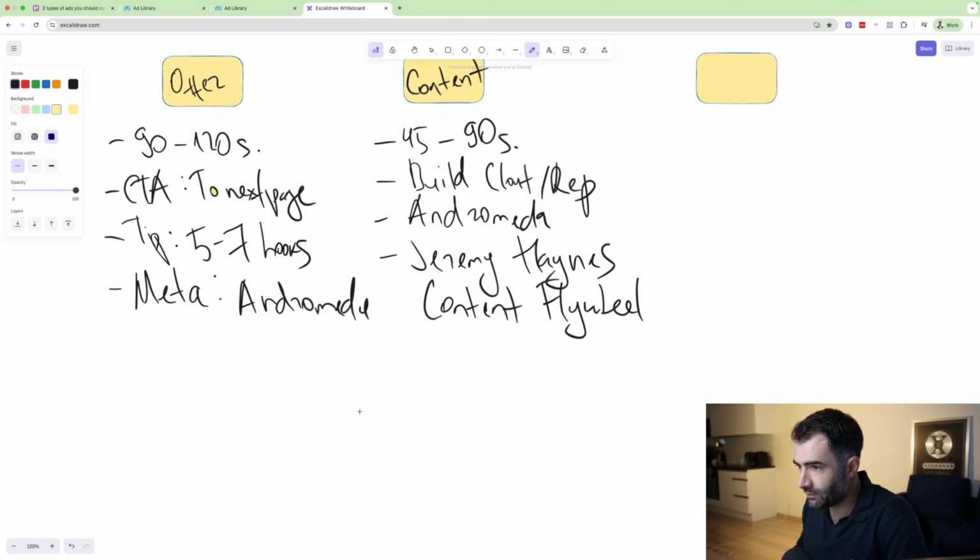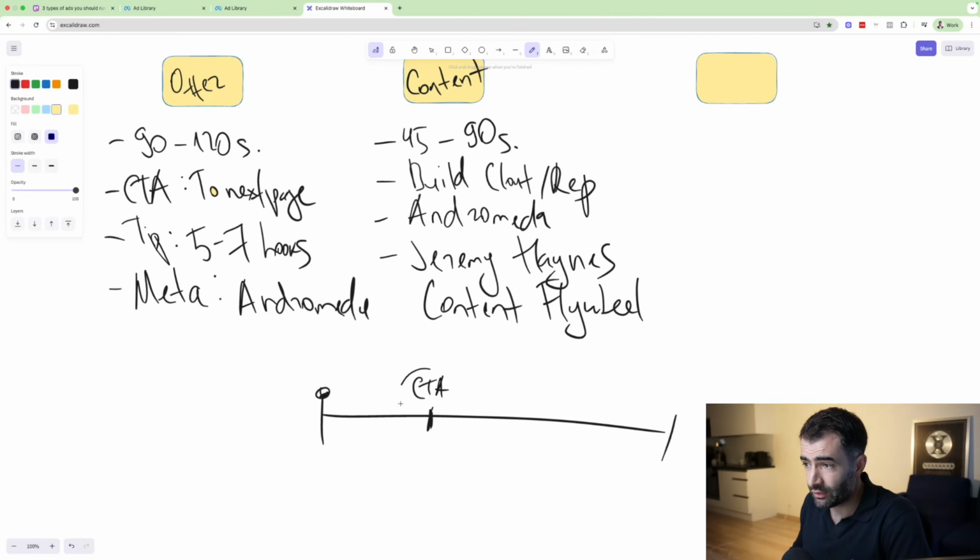So for example, let's create a quick timeline. If this is our timeline, and let's say you see an ad at this point, and here at this point you decide to grab the bait and you book a call. But let's say this happens in a 2-day period, and you book the call for another, let's say, 3 days later because you're busy. Let's say this is Monday and you booked a call for Thursday.